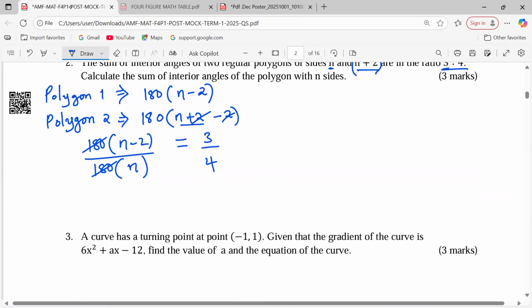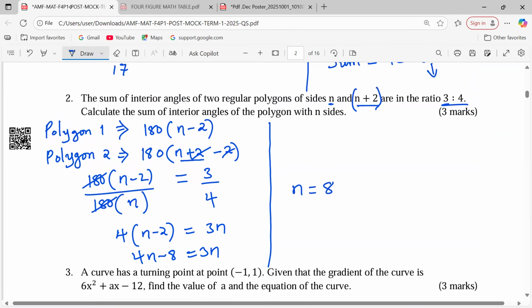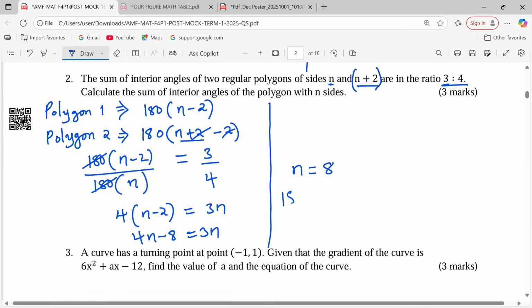We cross multiply now. 4 multiplies everything here. So that 3 multiplies n. When we group terms, we shall have the value of n becoming 8.